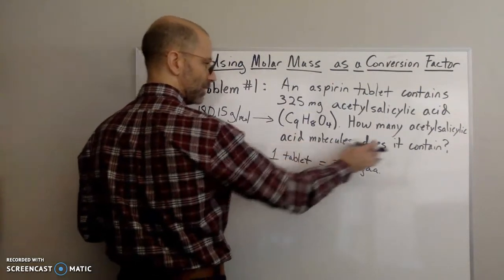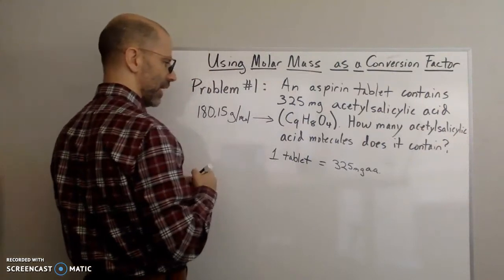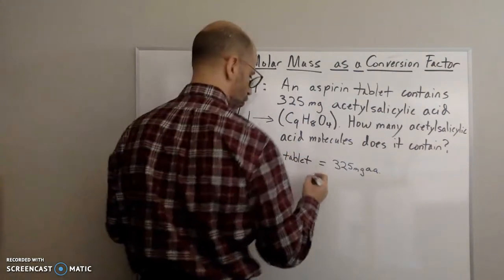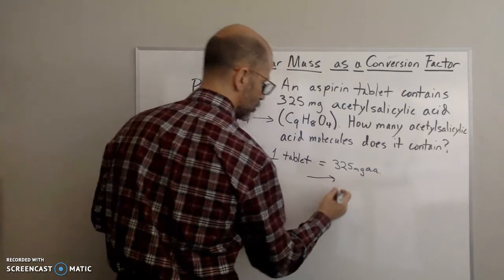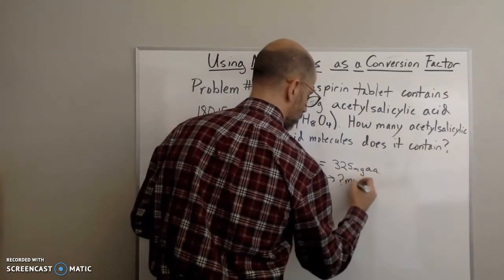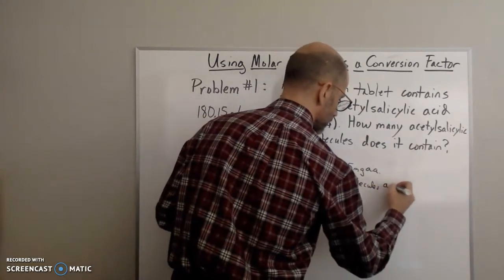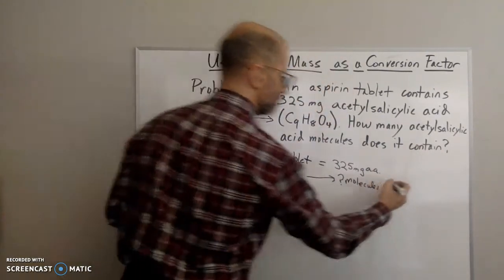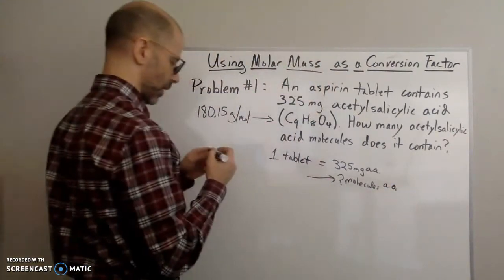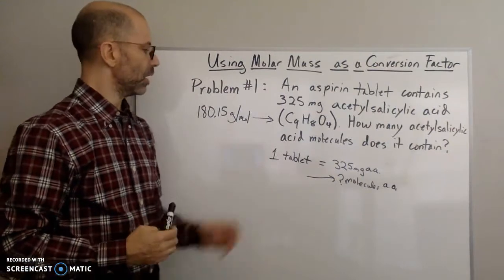Okay, so that's where we need to end. The number of acetylsalicylic acid molecules. So I'm going to put my arrow. So we need to find the number of molecules of acetylsalicylic acid, AA.